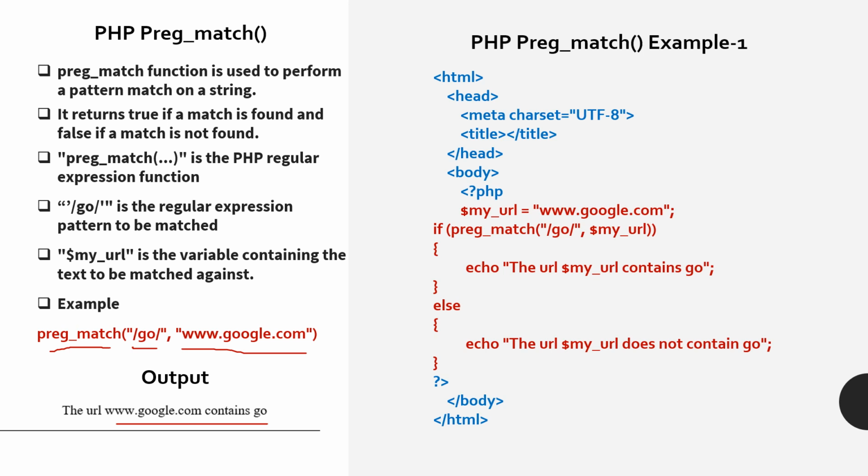So go is there, that is why it says this particular URL, google.com, contains the substring we specified, that is go. Okay, you can try some other examples also.